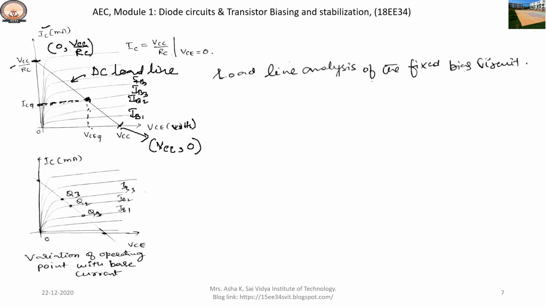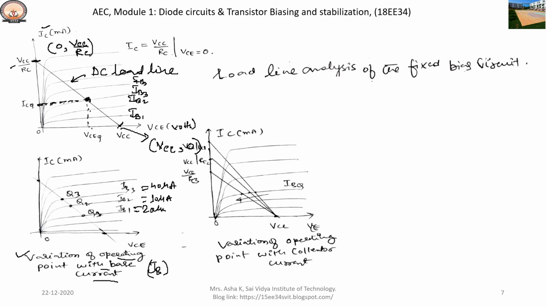Now we will analyze the variation of the operating point with respect to base current IB. If base current is going to vary, say for example for 20 microamperes, 30 microamperes and 40 microamperes, we are going to get the 3 different Q points or operating points.